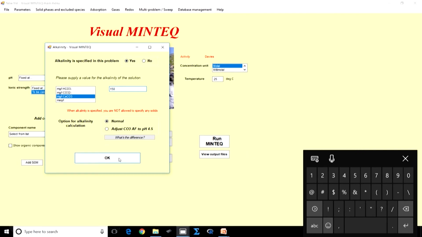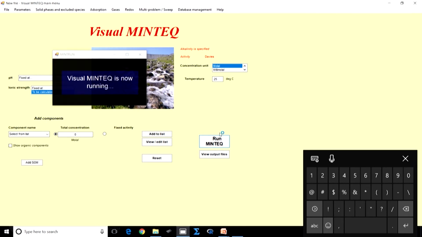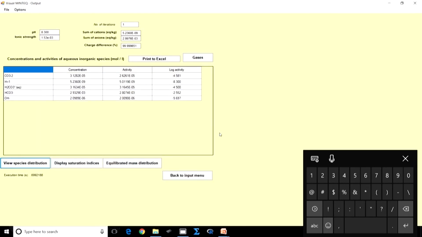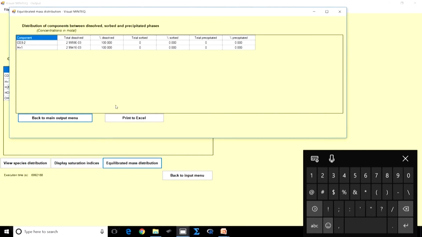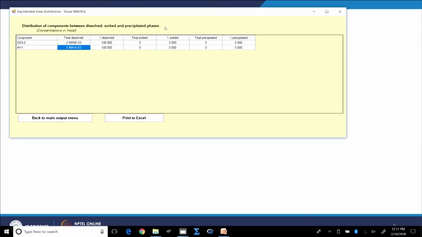And so I am going to say OK and just run MINTEQ, right. And if I look at equilibrated mass distribution, I can get the relevant H total and CO3 total, right. Let me write this down so that I need them later. So it's 2.99 into 10 power minus 3. So CO3 total comes out to be 2.99 into 10 power minus 3.